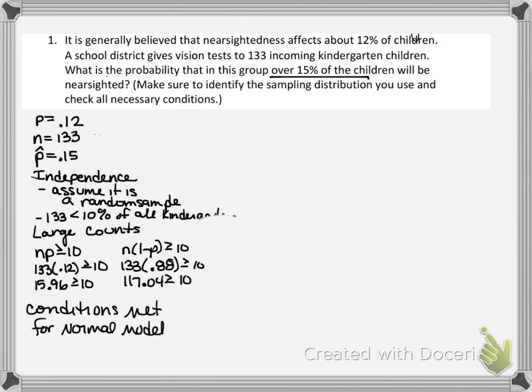All right, so now we're looking for the probability that p hat is greater than 15%, 0.15. If I were to sketch this, here's my 0.12, 0.15 is right here, and I am looking for the right tail.